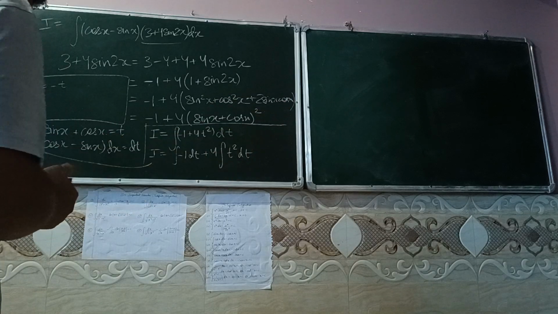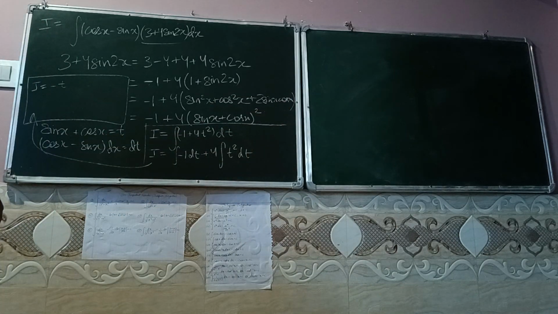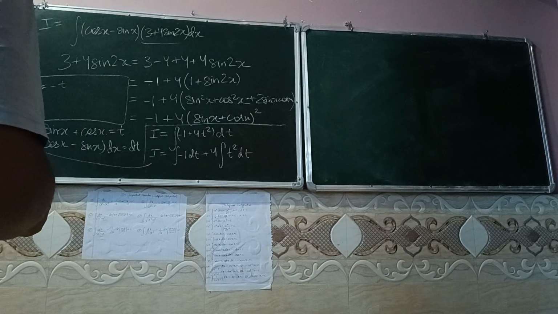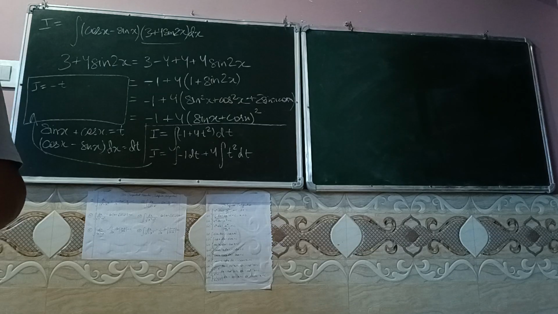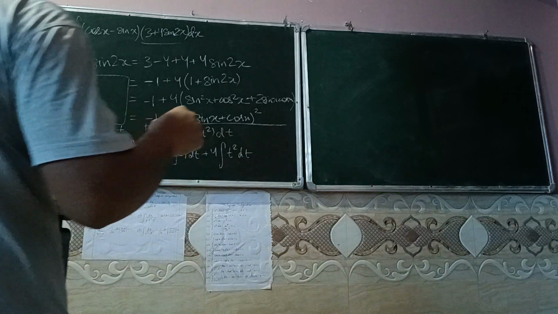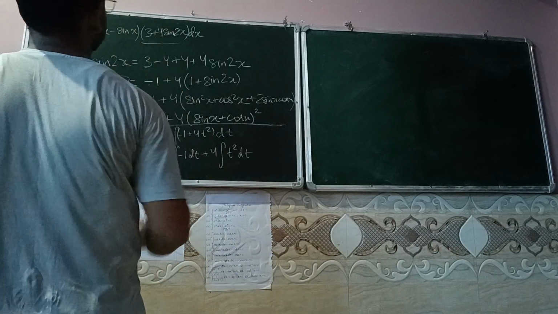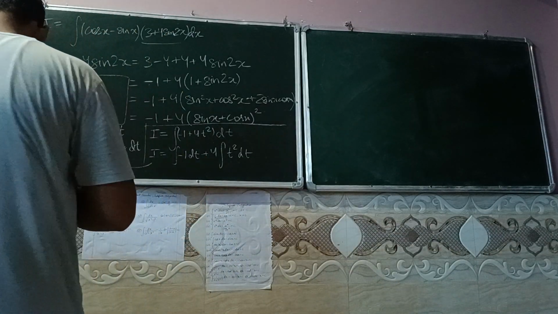Wait a second, guys. Let me check whether I did it wrong. Sine x plus cosine of x is t. Okay, so I wrote it like this, and this becomes dt. Then where comes the catch?